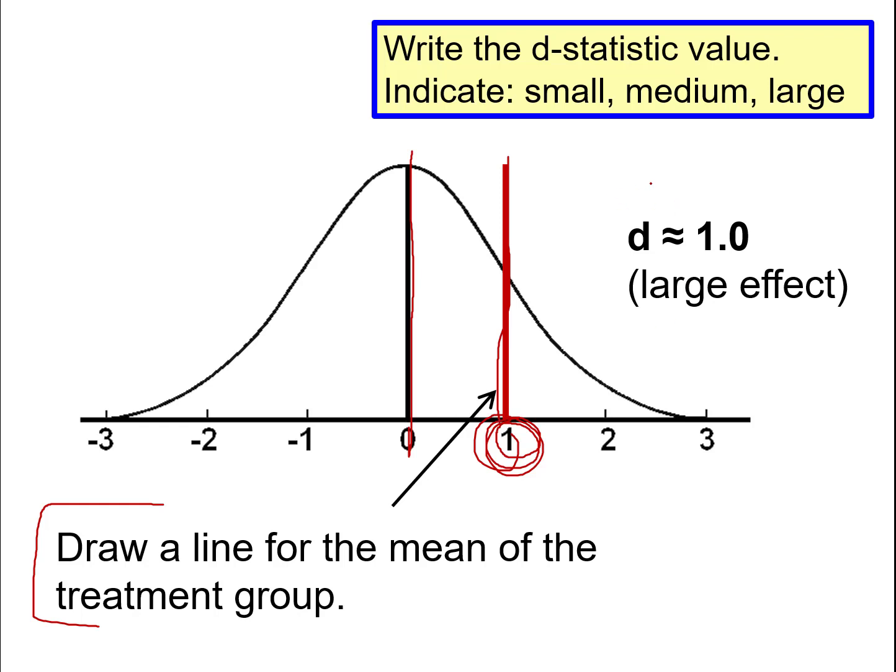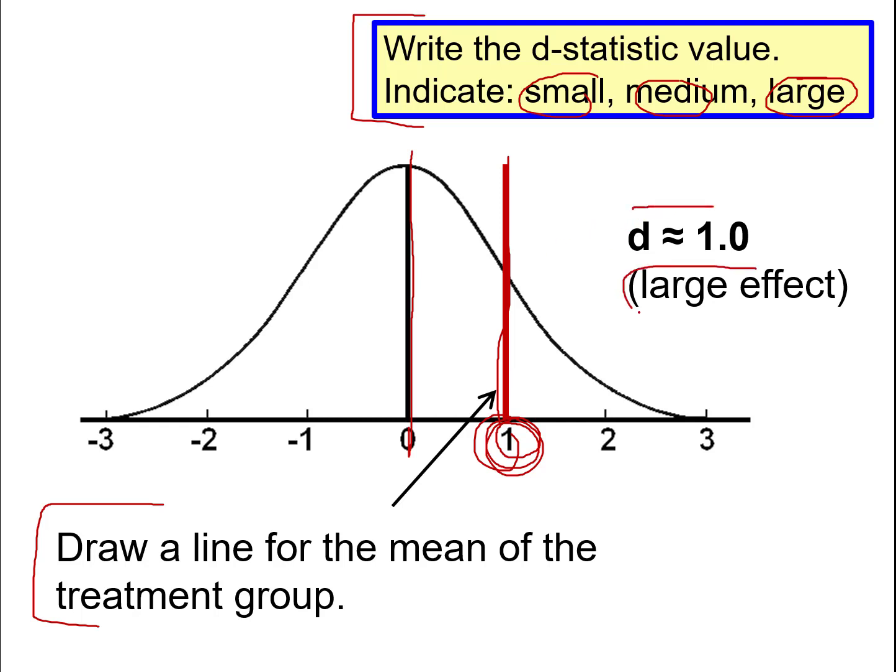In my illustration, I'm also going to write the d-statistic value that I'm illustrating, and indicate whether I'm talking about a small, medium, or large effect using Cohen's cutoffs that I talked about before for a small, medium, and large effect. If you recall, I said that any d-statistic that's 0.8 or larger would be a large effect, so a d-statistic of 1 is clearly a large effect.